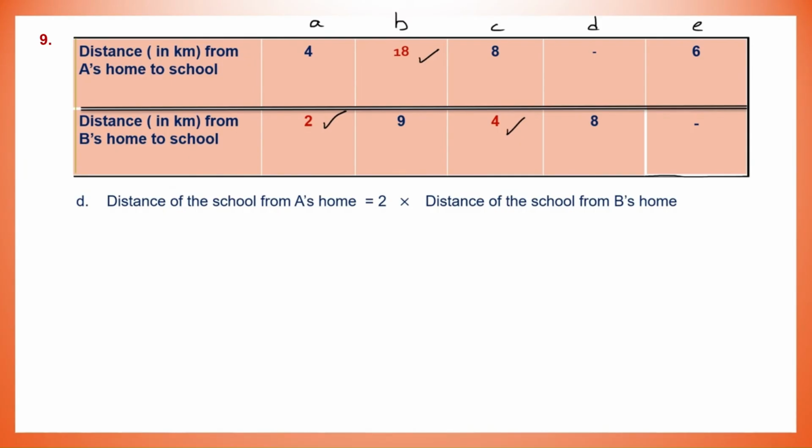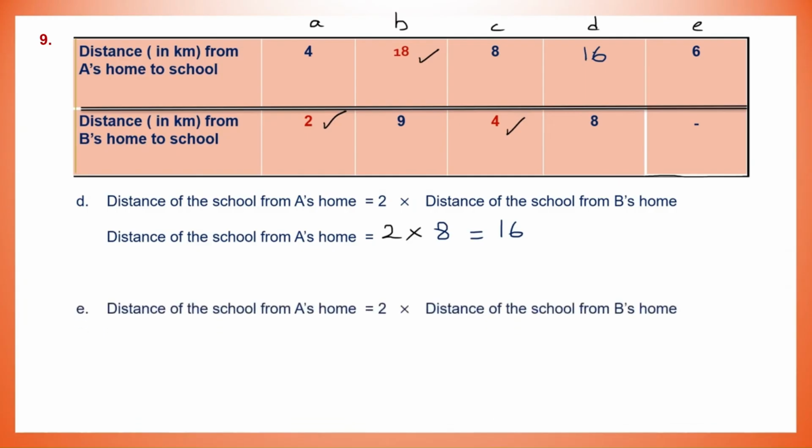So we have to find A this time. So 2 into, what is the distance from B's home given to us? 8 kilometers. So 2 8s are 16. So we have found the answer to this. It's 16 kilometers.